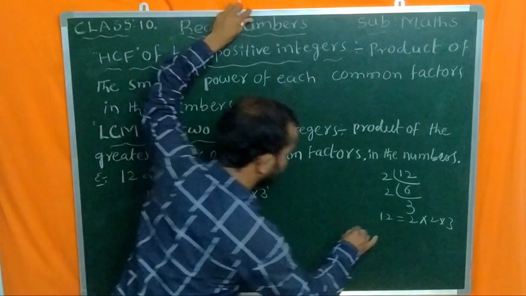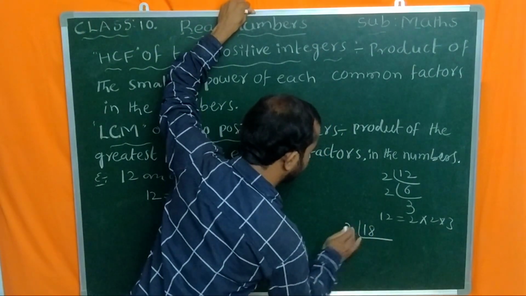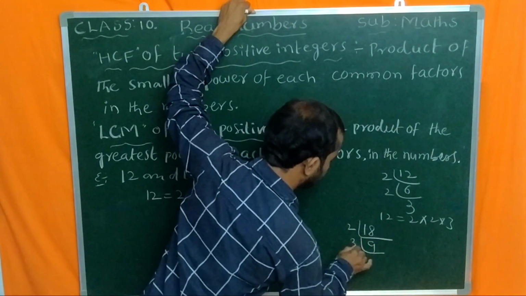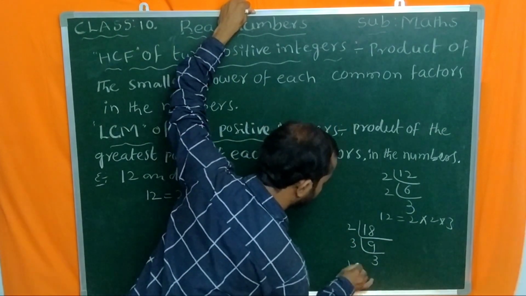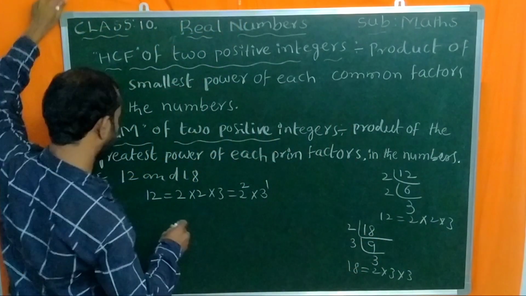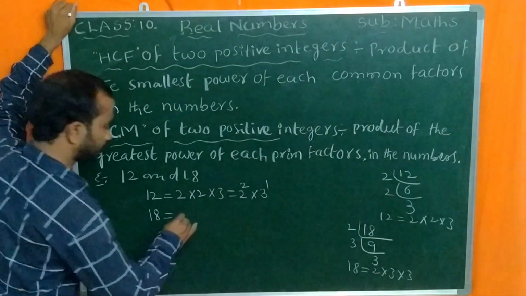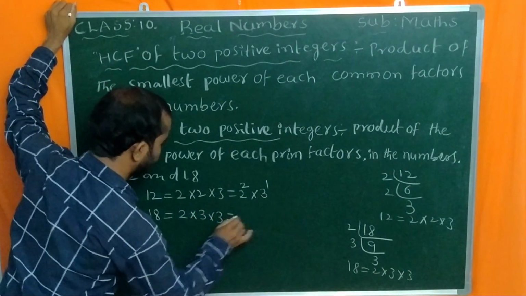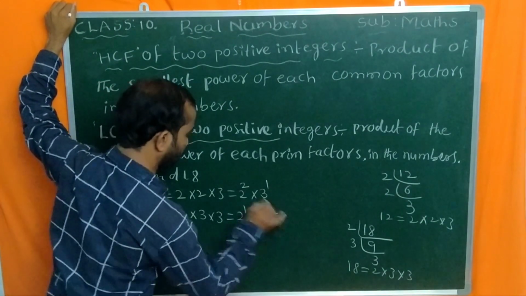Next, 18 can be written as 2 into 3 into 3, so 18 equals 2 power 1 into 3 power 2.